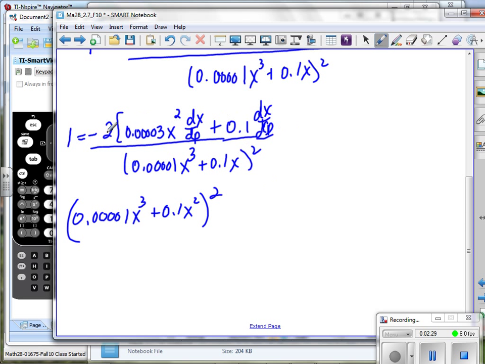Factor out a dx dp from the numerator. That leaves me with this. Divide both sides by negative 2 and then this quantity.